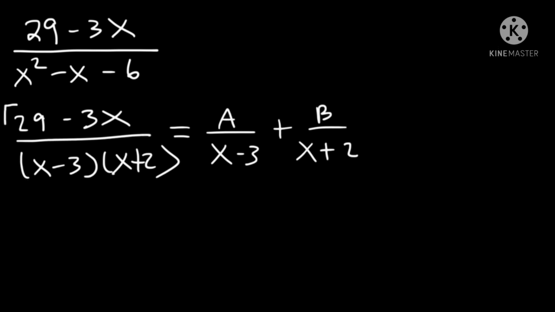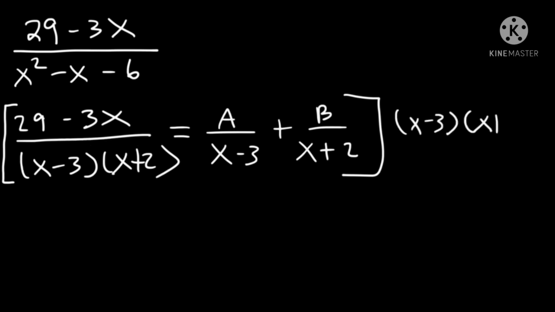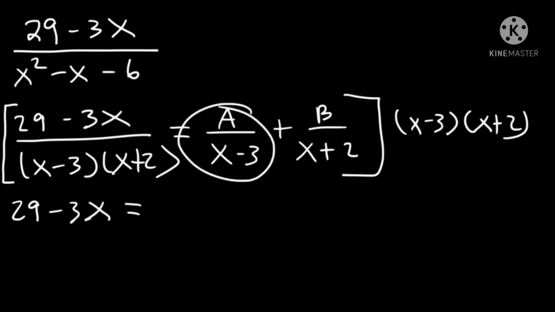Now, just like before, we're going to multiply both sides of this equation by this denominator. So that is by x minus 3 times x plus 2. So these two will cancel, and on the left side, we're going to get 29 minus 3x. Now, if we take a over x minus 3 and multiply it by this, we can see that x minus 3 will cancel, and then we're going to get a times x plus 2.